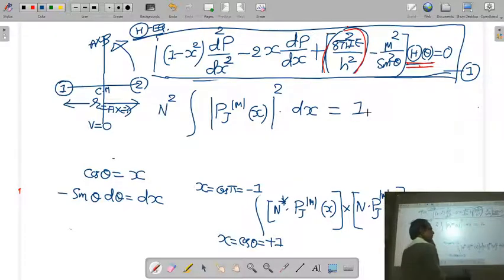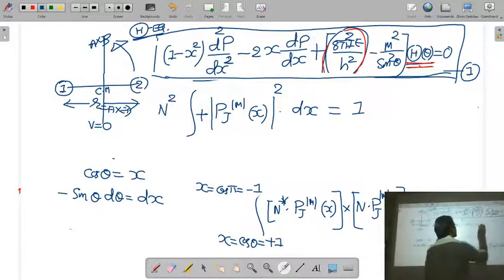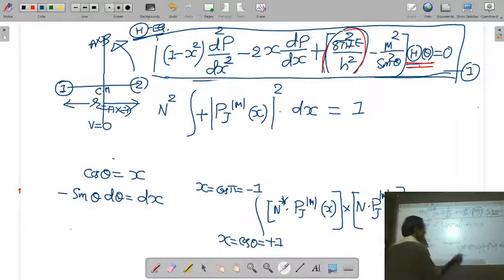Now if instead of minus you take plus, then you have to change the limits. Our lower limit is plus 1 and upper limit is minus 1, but if instead of minus dx you write plus dx, the limits will be inverted. So this will become minus 1 to plus 1.